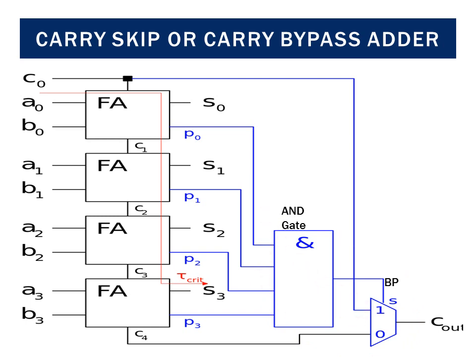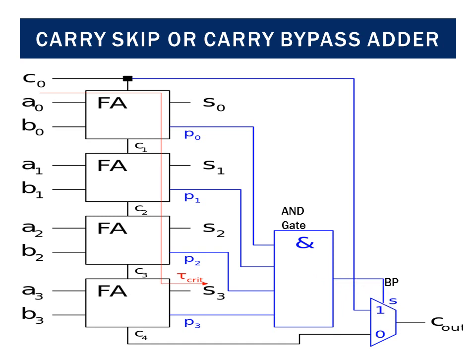Now whenever P0 is 1, P1 is 1, P2 is 1, P3 is 1, meaning that A0 is not equal to B0, A1 is not equal to B1, A2 is not equal to B2 and A3 is not equal to B3, that time you will be getting P0, P1, P2, P3 as 1 respectively. And whenever all the inputs to this AND gate are equal to 1, you will be getting the output of the AND gate as a 1.